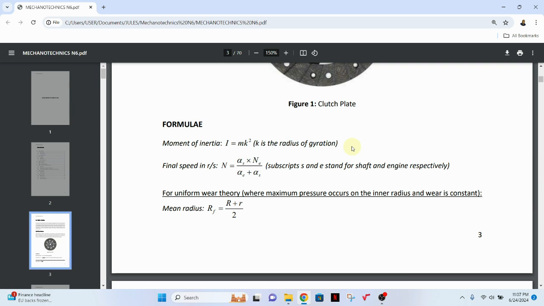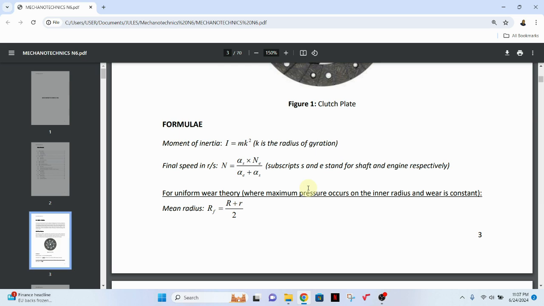We will refer to variables from the engine with the subscript E, and we will use the subscript S to refer to the driven shaft. So when we say the shaft, we are referring to the driven shaft, and when we say the engine, we are referring to the driving shaft.